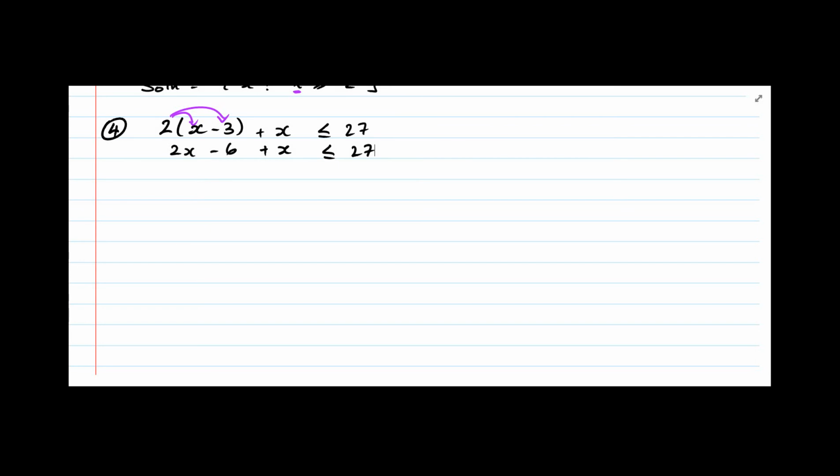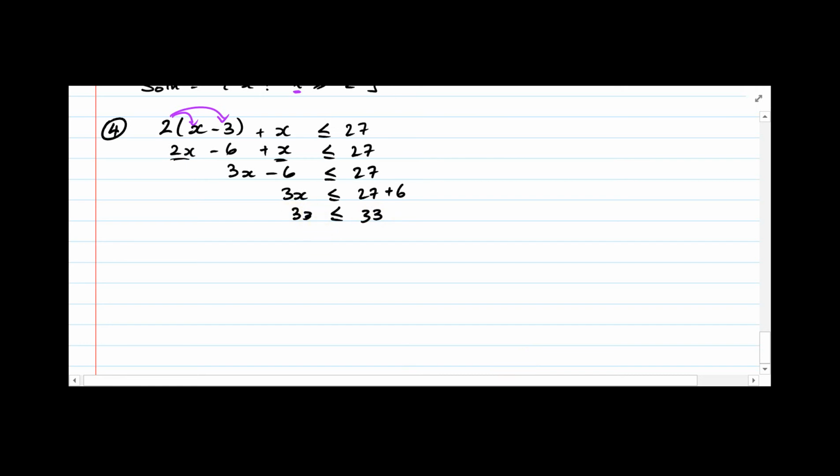Okay. So as we did in solving equations, we are going to combine like terms on one side before we start moving anything around. So 3x minus 6 is less than or equal to 27. 3x is less than or equal to 27 plus 6. 27 plus 6 is 33.